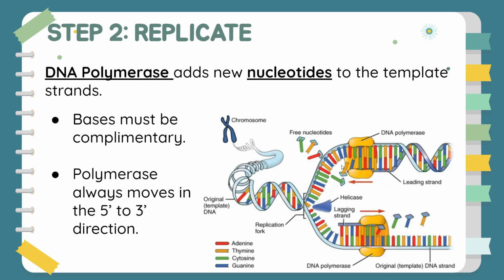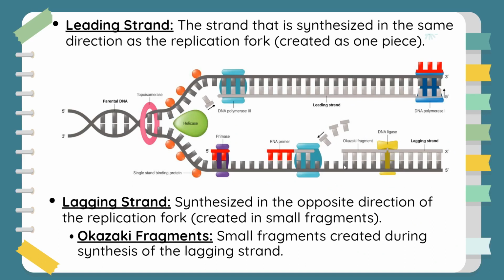Star that please, new strands are always built in the 5' to 3' direction as DNA polymerase moves along the template strand in the 3' to 5' direction. As it goes, DNA polymerase adds free-floating nucleotides to create the new strands, and it proofreads or corrects any mistakes that are noticed.